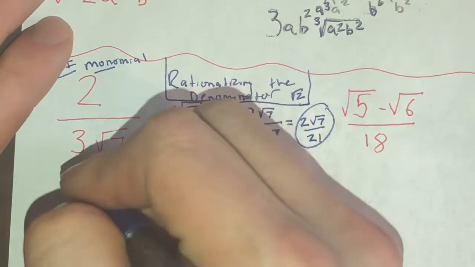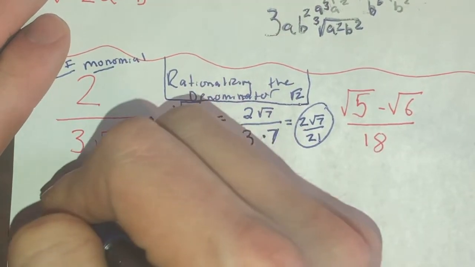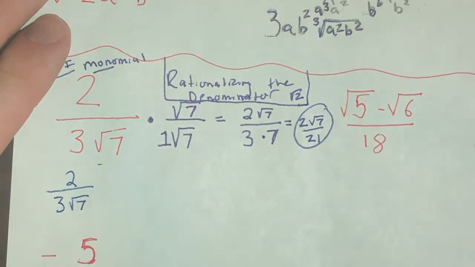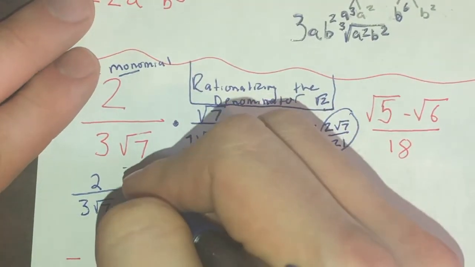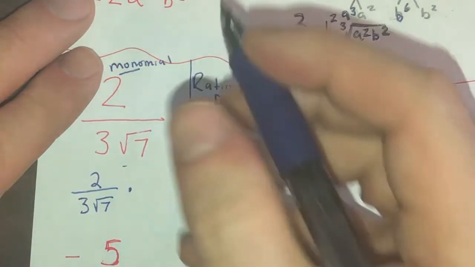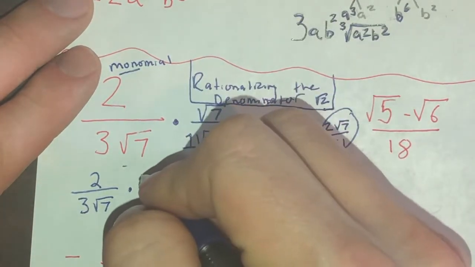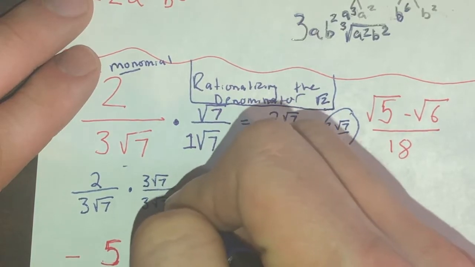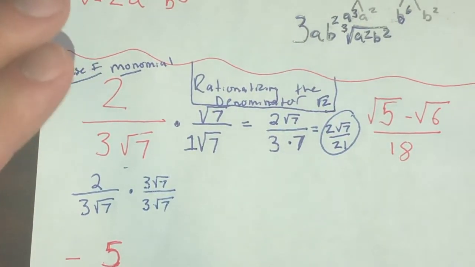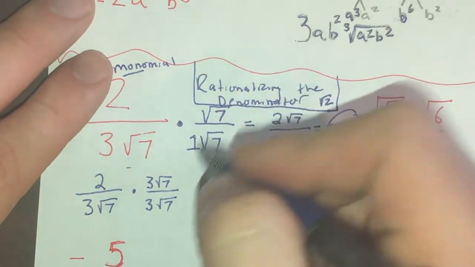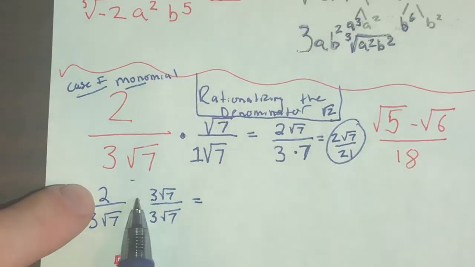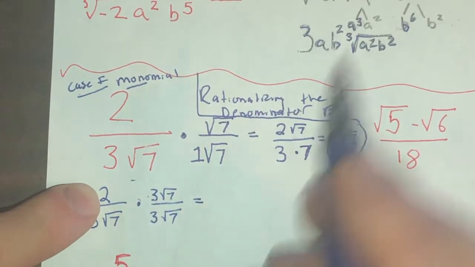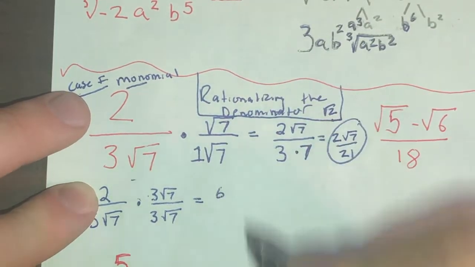Here's the other option. The other option would be to multiply by the whole denominator. That's all right too. I'm just going to show you it's going to require one more step. So let's say I want to be safe. I want to multiply by the whole denominator because I know it's going to get everything to go away. So watch what happens. Up here, we have 2 times 3 giving us a 6.